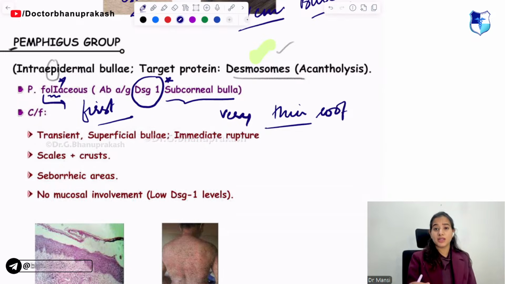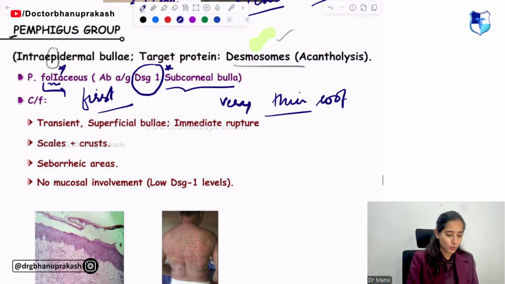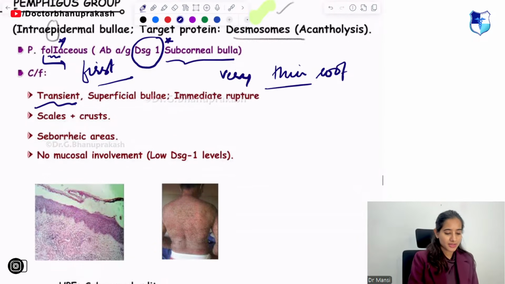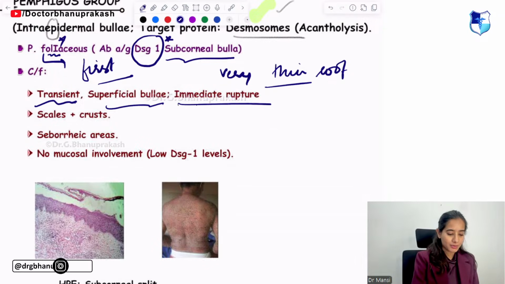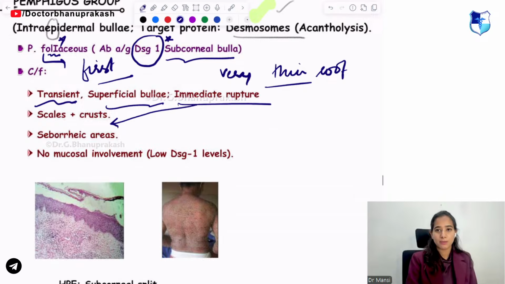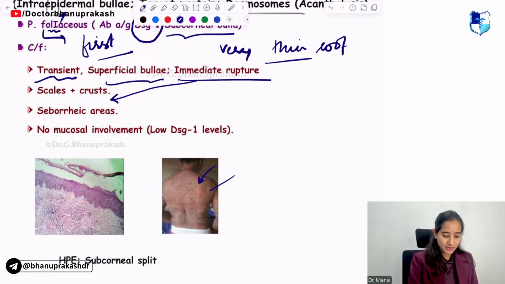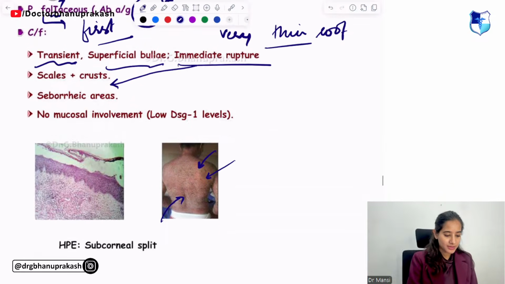So again, foliaceous first, so against desmoglein 1. Clinically, this is transient, the bulla is superficial, and it can rupture immediately. If it ruptures, what is going to happen in the patient? Scales and crust will be seen. As you can see, there is crusting and scaling.